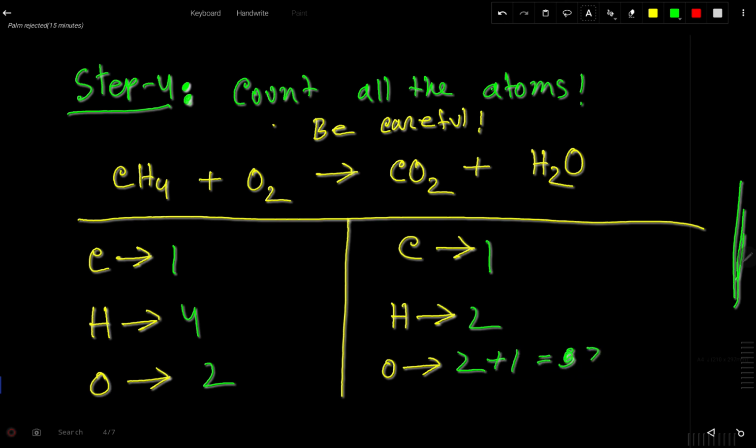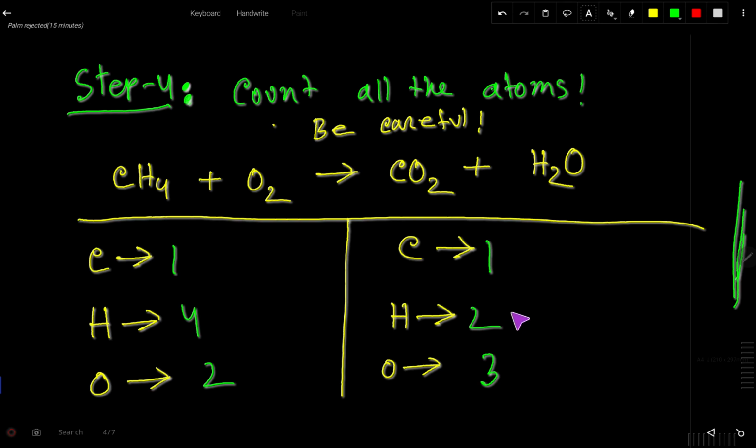Three oxygen you have here, right? Now look, carbon 1 is already balanced, hydrogen here 4 but here 2, right? So we need to balance hydrogen.